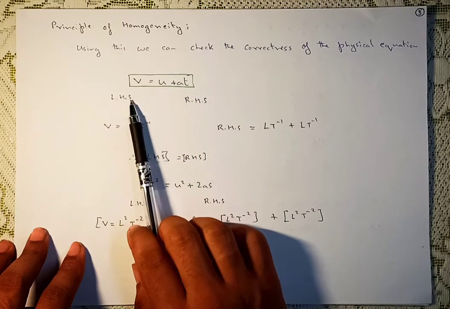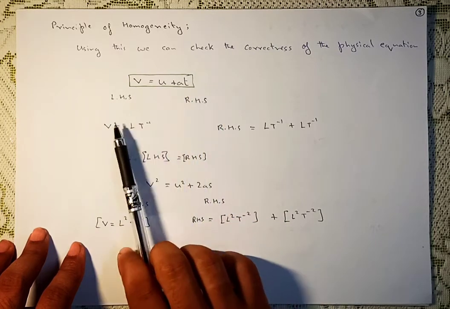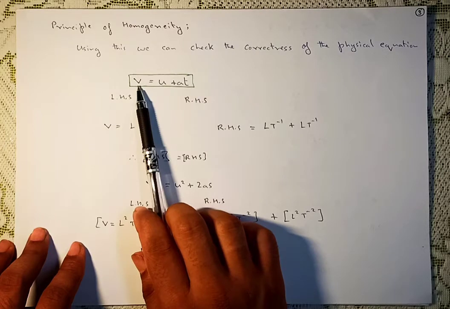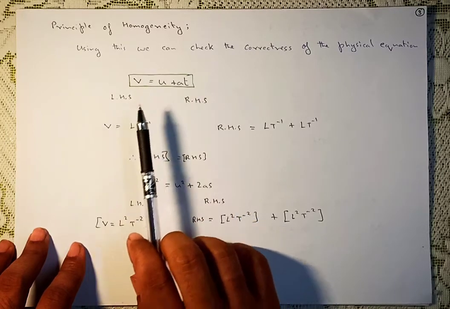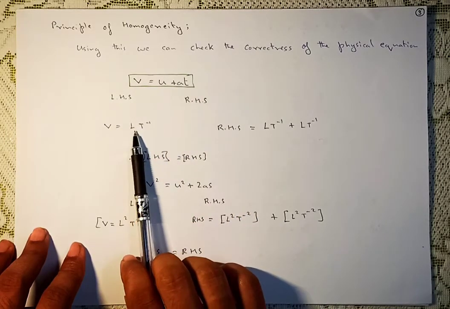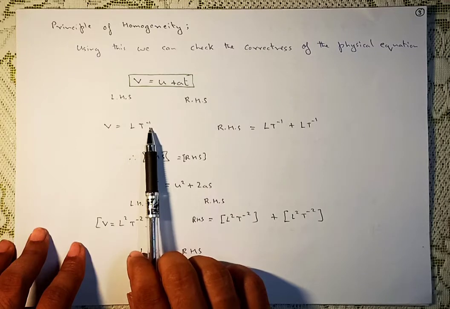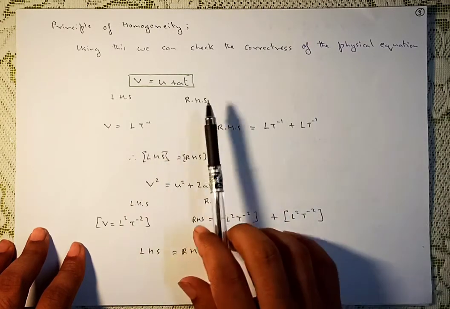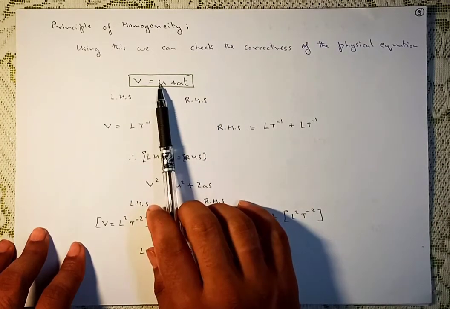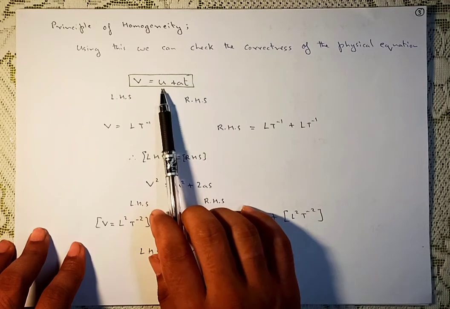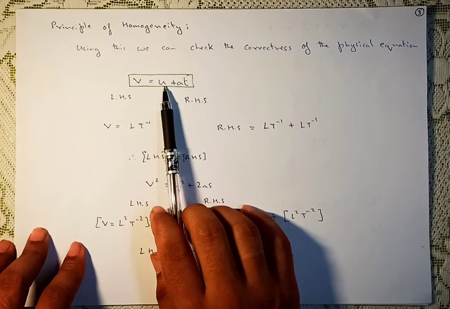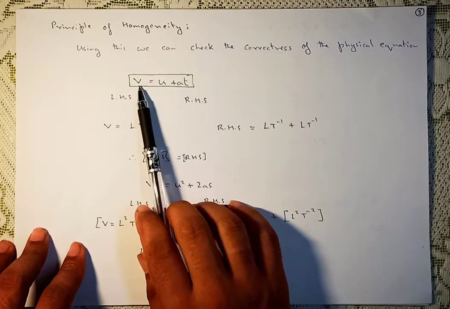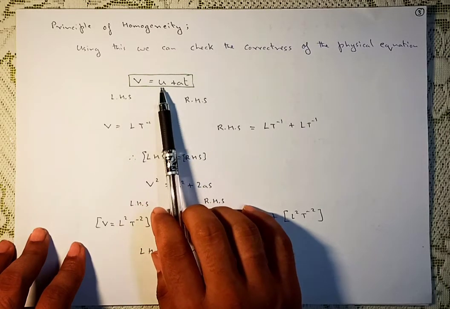So this is LHS, this is RHS. On the LHS, we already know that velocity is meter per second, so LT inverse. On the right hand side, U is initial velocity, this is final velocity, so it has LT inverse.